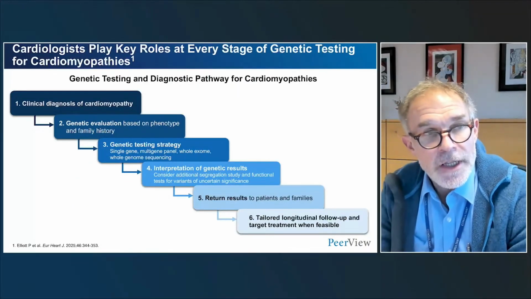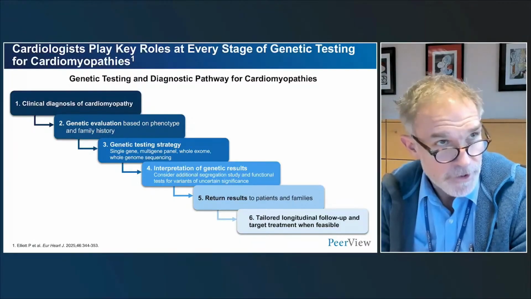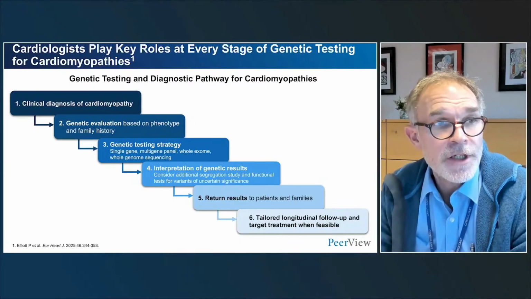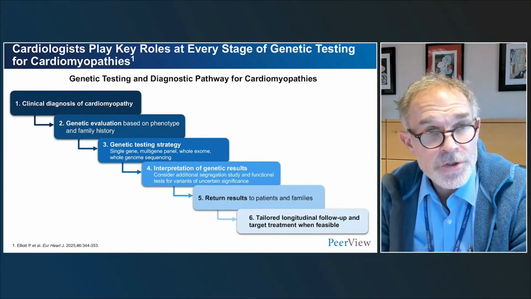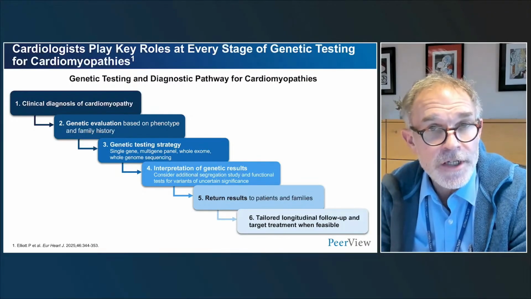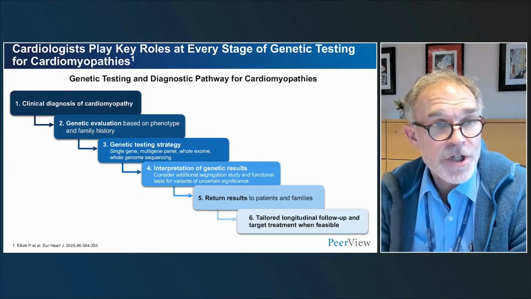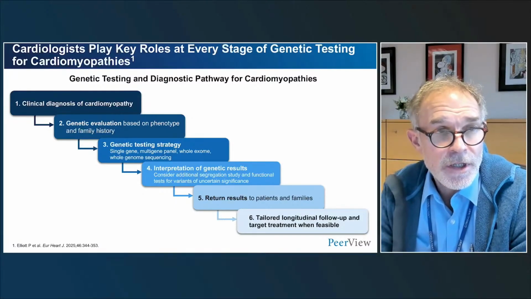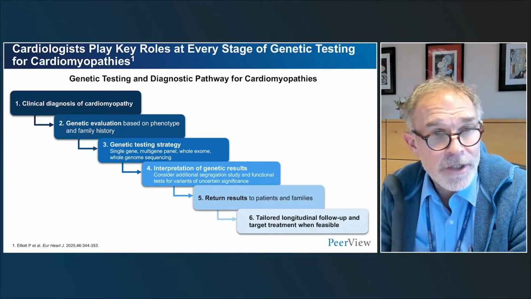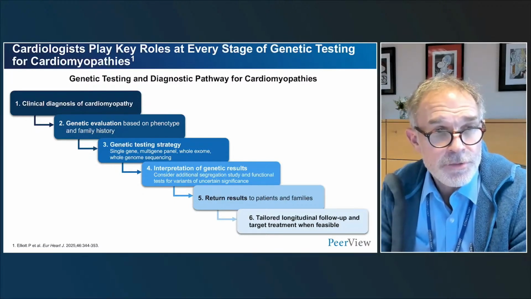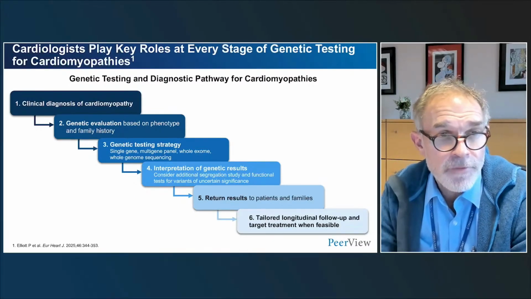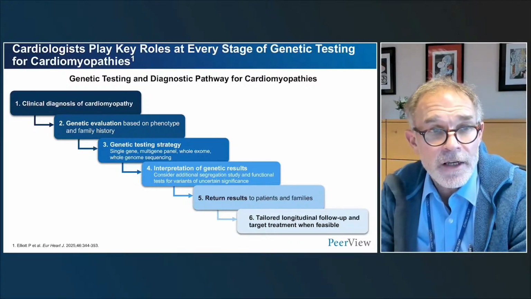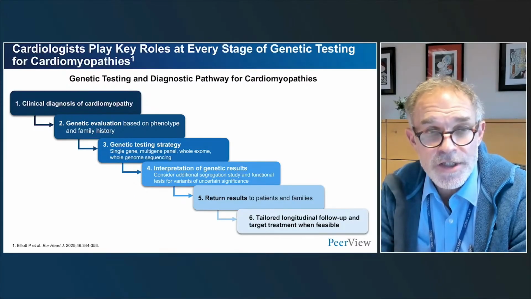I mentioned that at the final stage of diagnosing ATTR-CA, one needs to differentiate between the hereditary condition and the wild type or acquired condition. This is also true for other cardiomyopathies in the context of cardiologists managing cardiomyopathies. Essentially, if one makes a clinical diagnosis of cardiomyopathy, cardiologists will generally undertake genetic evaluation based on the phenotype and family history, and then they will decide on a genetic testing strategy.